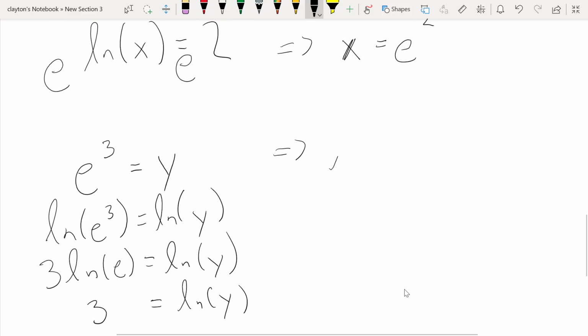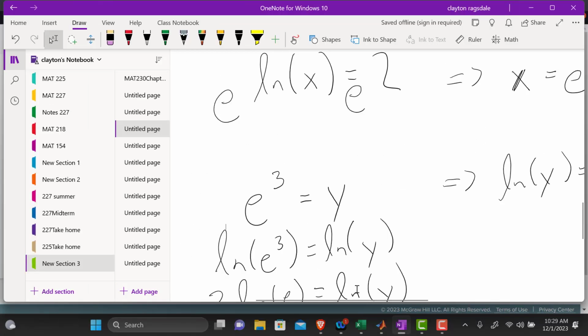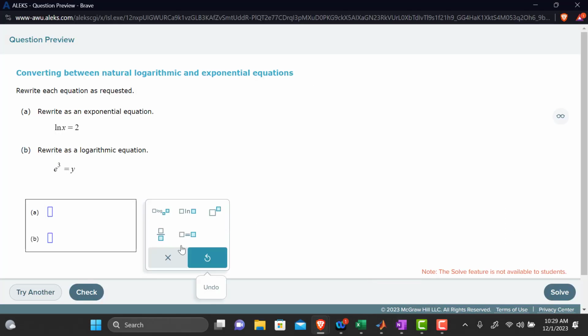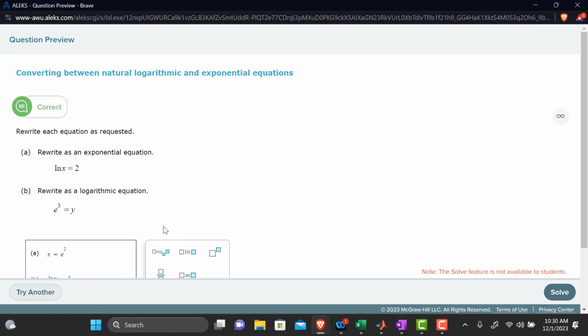So our final answer here is natural log of y is equal to 3. So x is equal to e squared. Natural log of y is equal to 3. Nope, it doesn't let you type in natural log. Let's see if it likes that. Yeah.